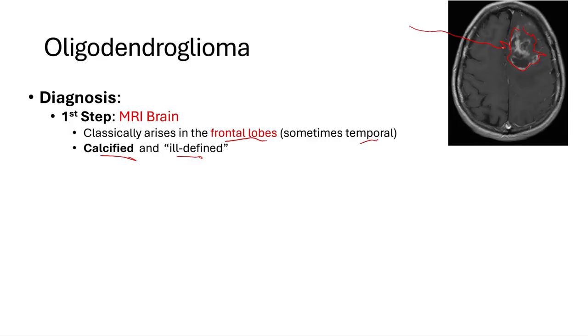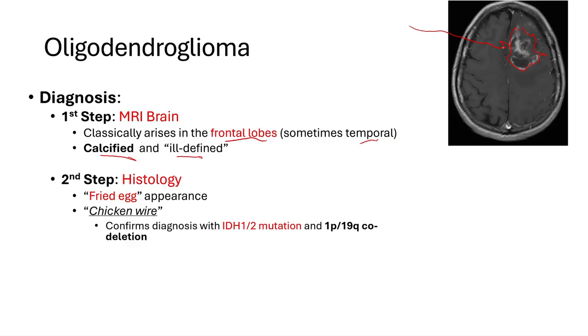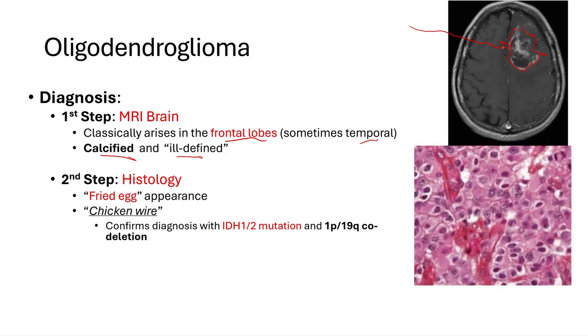The second step is going to be followed with histology. And histology here is very, very high yield to know, as this is classically tested. What we typically see is something known as a fried egg appearance. If you look at each one of these nuclei here, we can see that we have a very dark area followed by whiteness around it, as we can see here in this image.